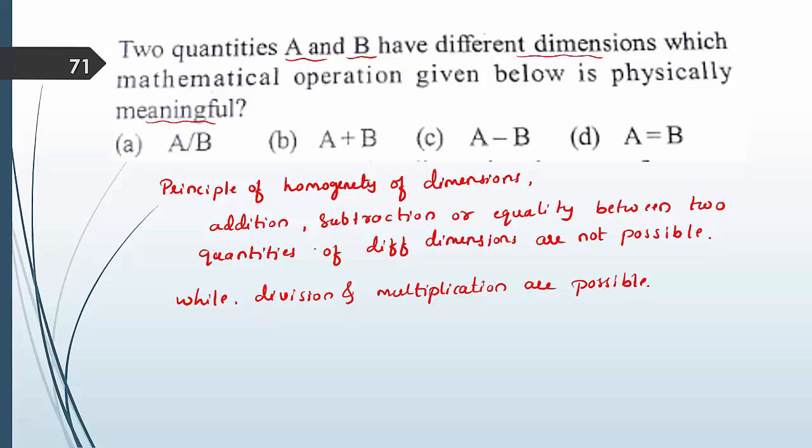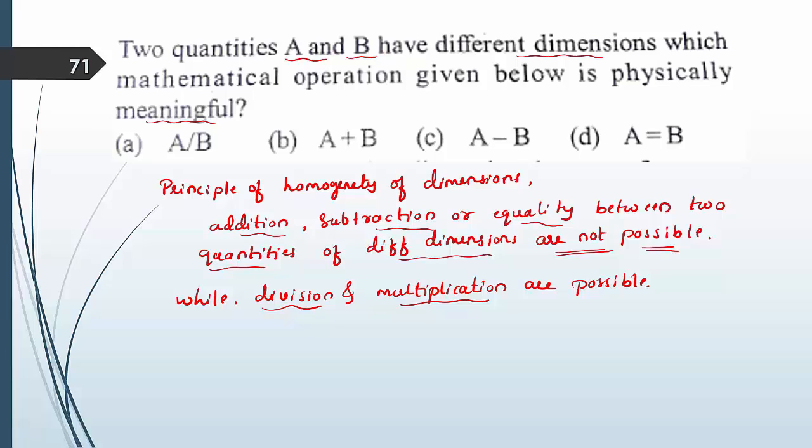According to this principle, addition, subtraction or equality between two physical quantities having different dimensions is not possible. While arithmetic operations like multiplication and division for two physical quantities having different dimensions are possible.